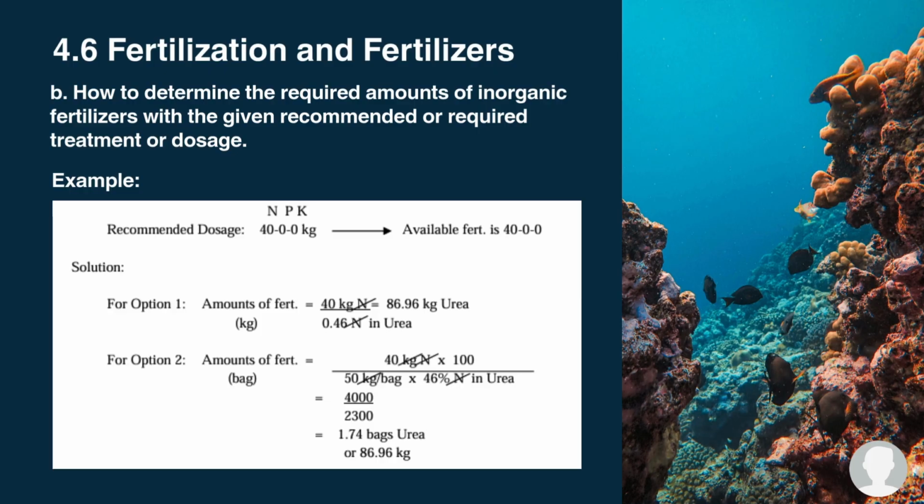For the option 2 formula, the amount of fertilizer in bags: 40 kilogram nitrogen times 100 over 50 kilogram per bag times 46% nitrogen in urea. So it's 4,000 divided by 2,300, which is equal to 1.74 bags of urea or 86.96 kilogram. Therefore, to apply 40 kilogram of nitrogen, use 86.96 kilogram of urea or 1.74 bags.